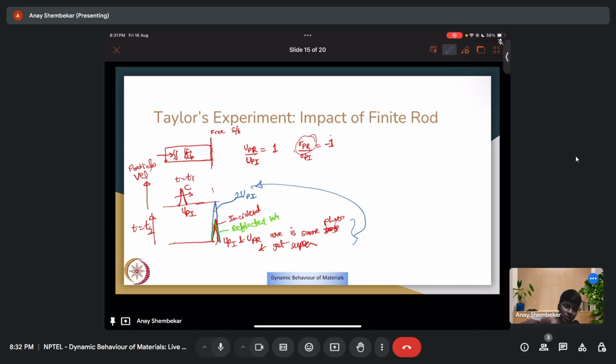Then the reflected wave will travel backward. It will be a tensile wave with some velocity, but at the interface or very near to it, you will have double as much of that. Okay. Yes, sir. I got it, sir. Thank you. Hopefully this makes sense.